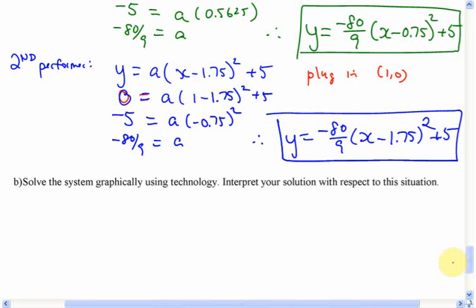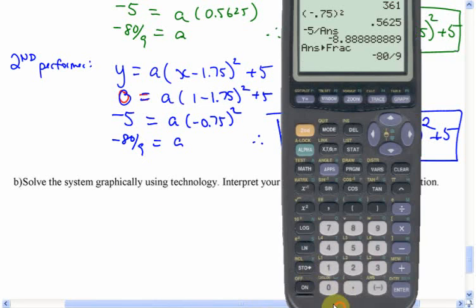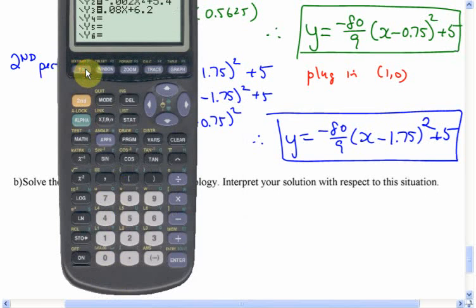Last thing, solve the system graphically using technology, and then interpret your solution. So you should sketch out your answer. I'm being lazy, so I'm just going to use my graphing calculator here. Okay. Negative 80 divided by 9, bracket, x minus 0.75, close the bracket, then we'll square it, plus 5.